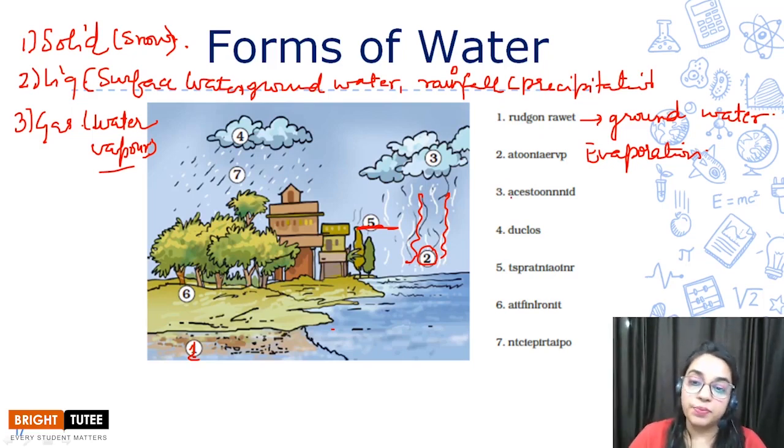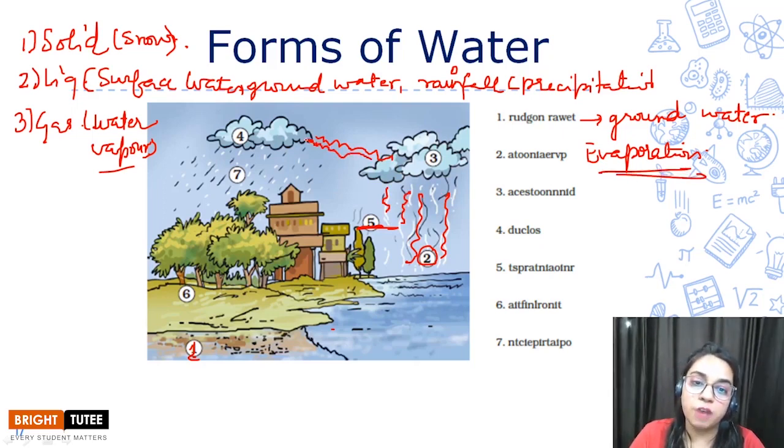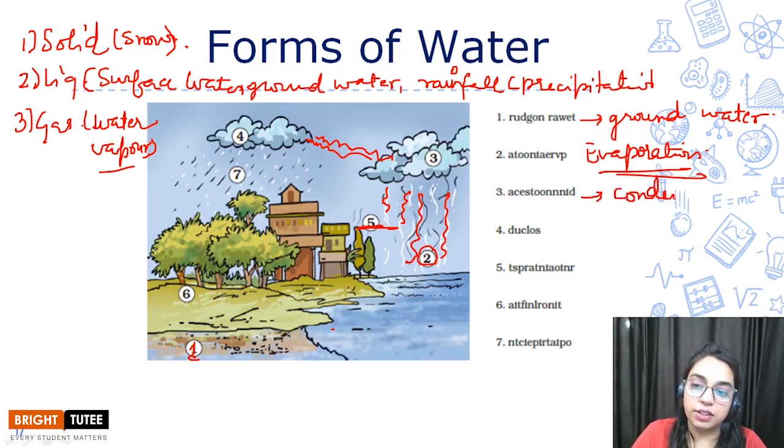Then children, the third process is formation of clouds, when this water vapor which is evaporated by the process of evaporation forms clouds. So children, this process is known as condensation. What is the meaning of condensation?